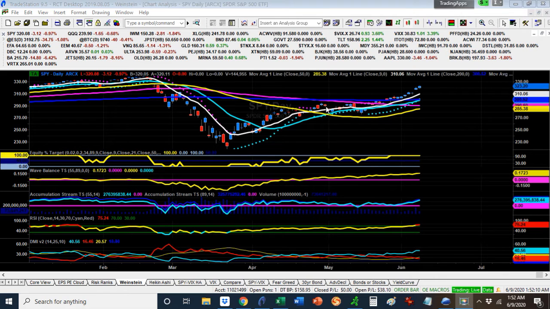The graph on top is the S&P 500 ETF. Overlaid on that are moving averages: 9 days, 21 days, 50 days, 89 days, and 200 days. These are all the key moving averages that I found to be pretty significant, and I have taken all these indicators and weighted them.